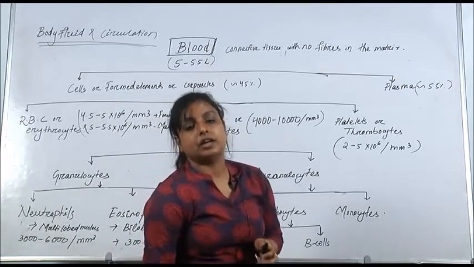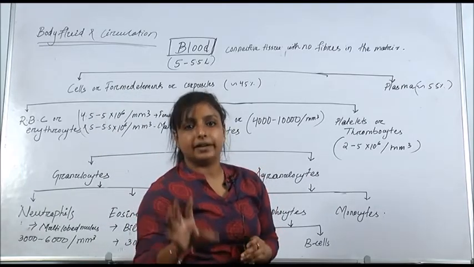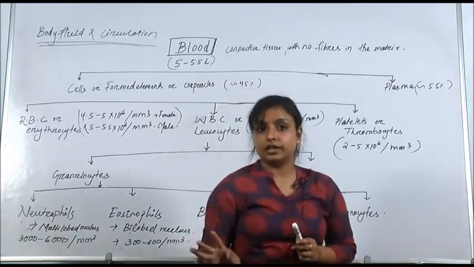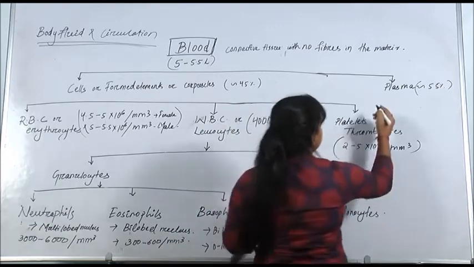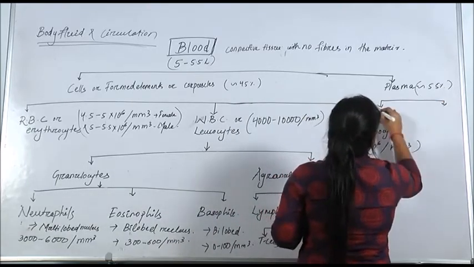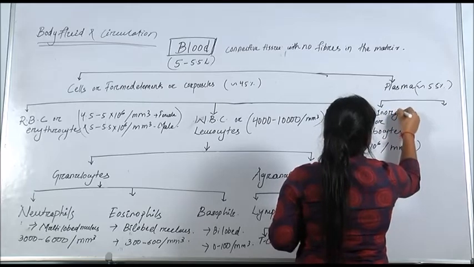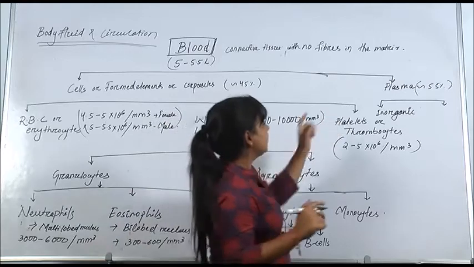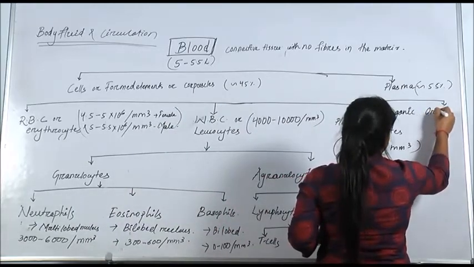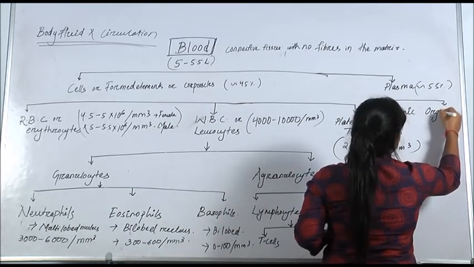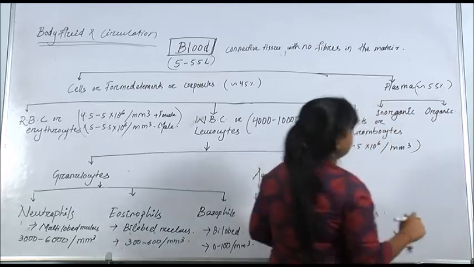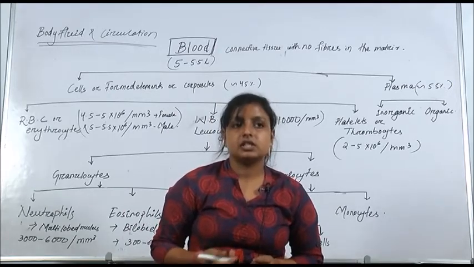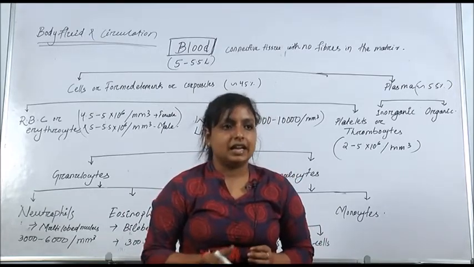Then coming to the plasma part, as we know, plasma is nothing but the fluid matrix of the blood. Plasma consists of two kinds of substances, organic substances and inorganic substances. The inorganic substances are mostly present in the crystalloid forms, whereas the organic substances of plasma are present in solution form. The organic substances are like amino acids, vitamins, nutrients, enzymes, hormones, any metabolic waste.